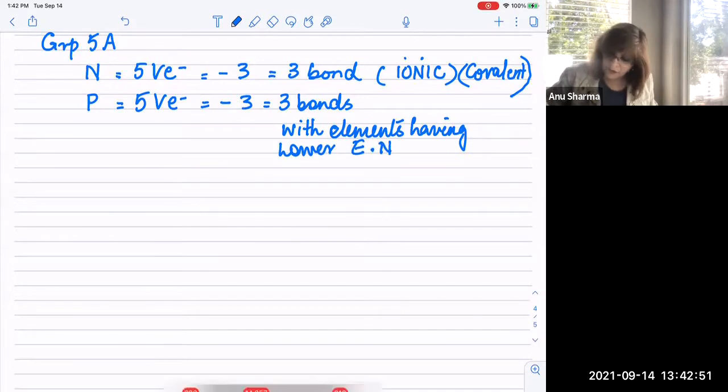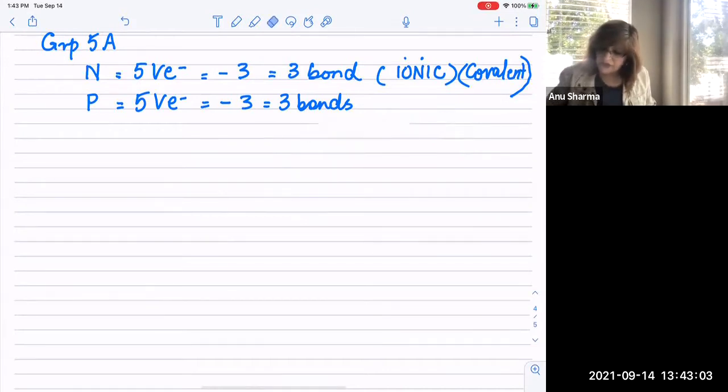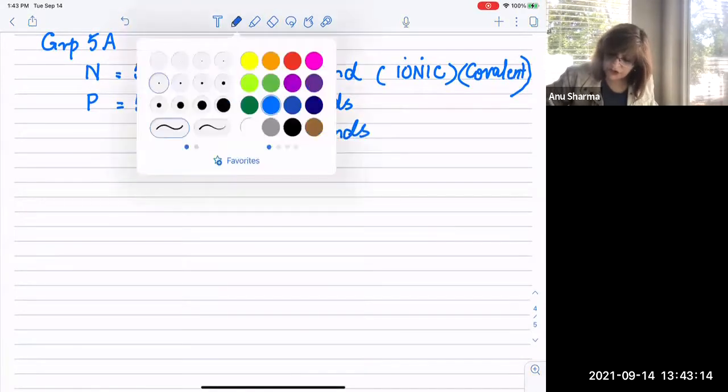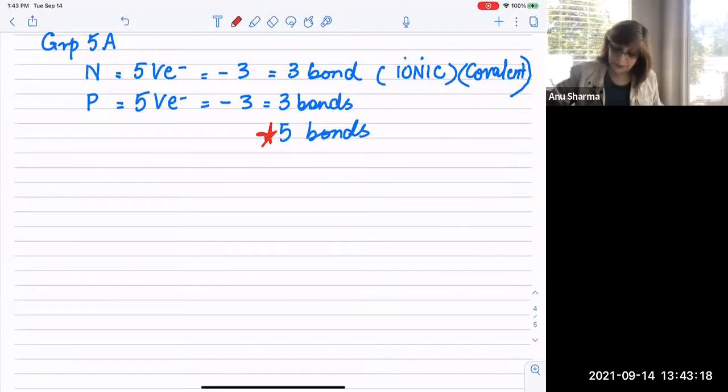Okay, and it will also form 5 bonds. So I don't have to write this again and again, I'm just going to put a star so you know which way. So 5 is an exception.